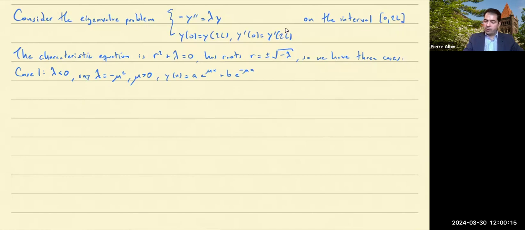Okay, so let's put in the boundary conditions. So here we have y of 0 would be a plus b. We need this to be equal to y of 2L, which is equal to a e to the 2 mu L plus b e to the minus 2 mu L, right, from which we deduce that a e to the 2 mu L is equal to b.